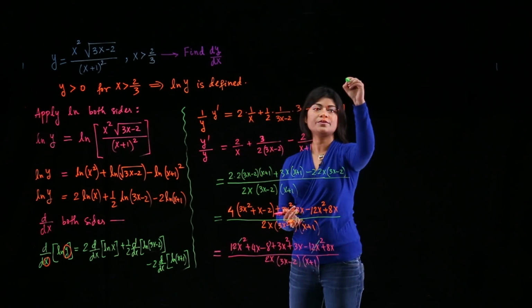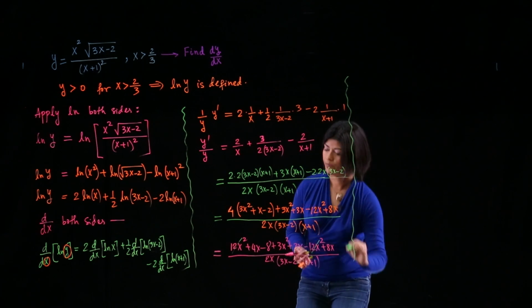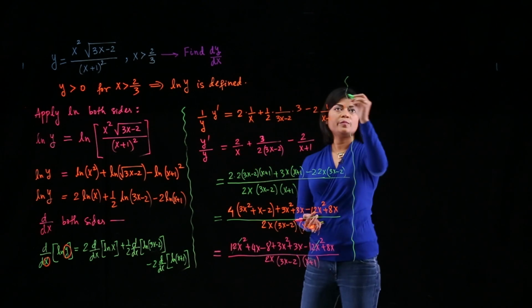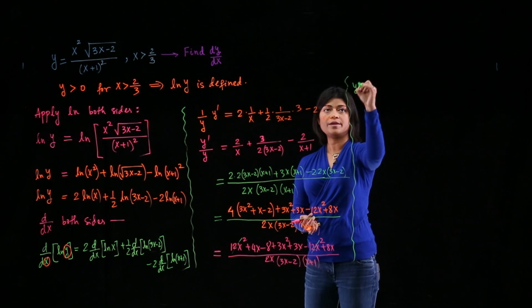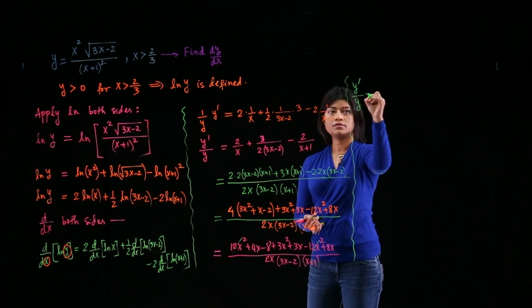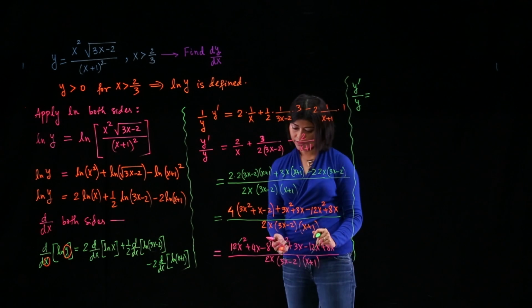Right, so let's move up here. Remember the left hand side, we still have y prime over y, and this is the right hand side that we're working with.